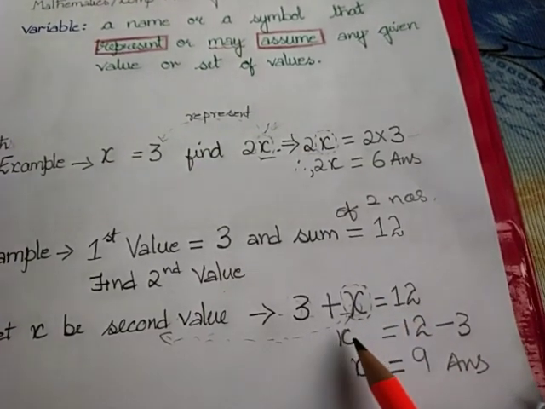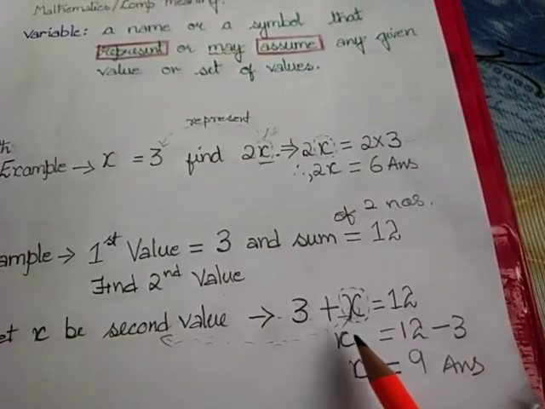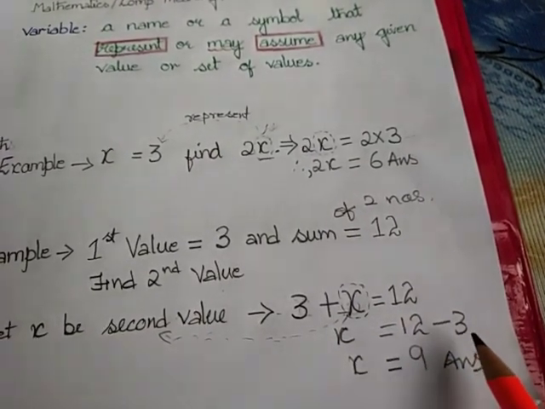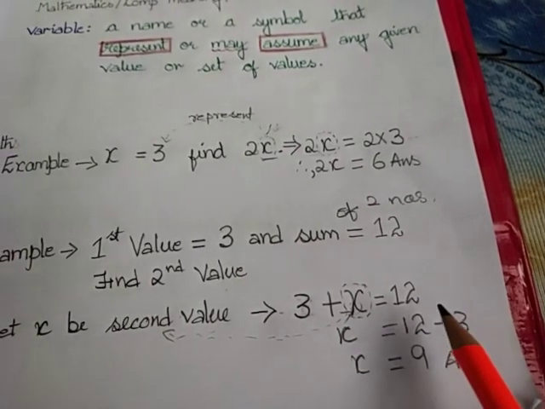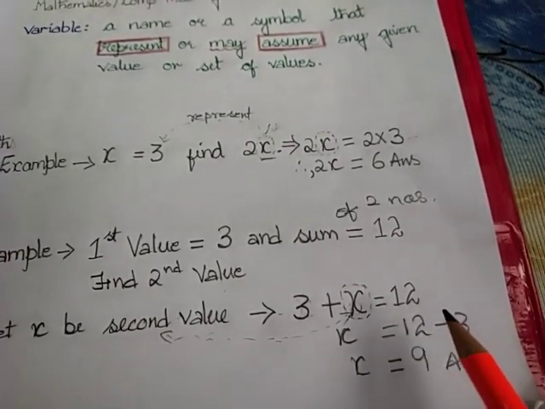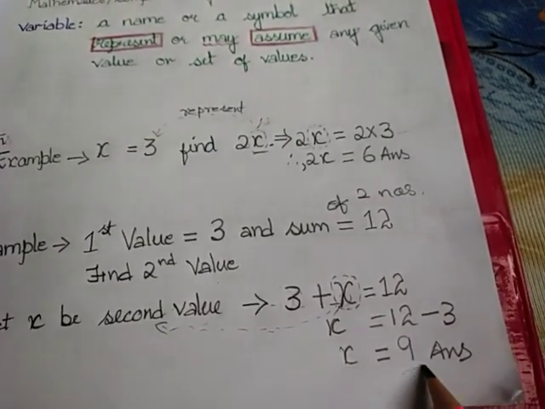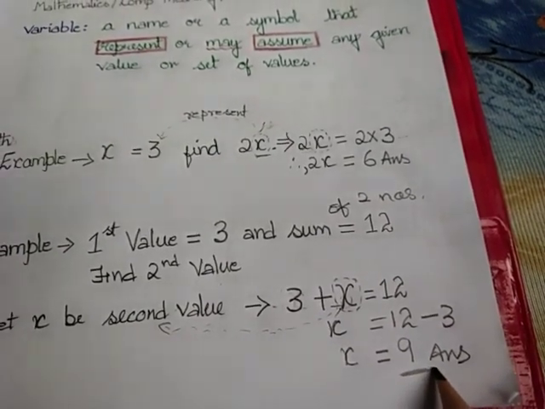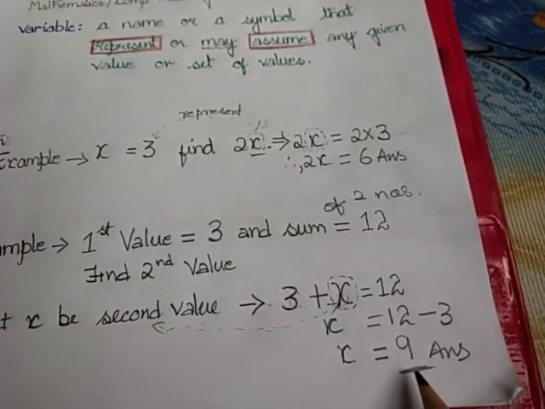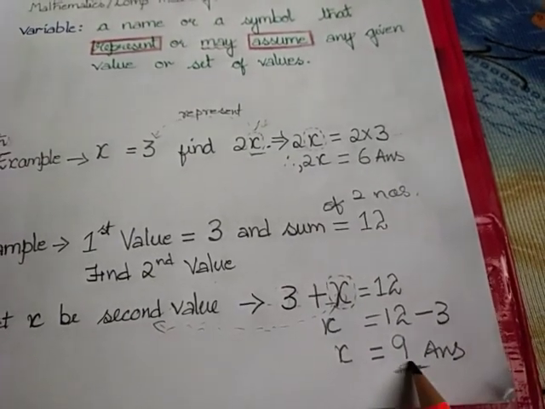So in calculation, we have what? x is equal to 12 minus 3. That means the first number I carry to the right side. And the value of x is equal to 9. That means the second value is 9.